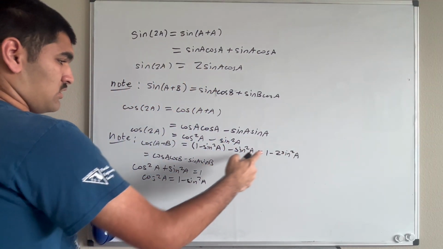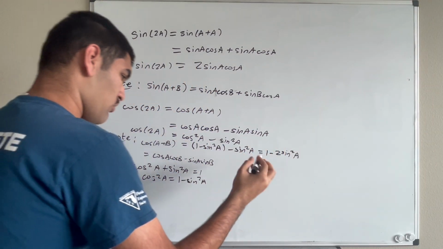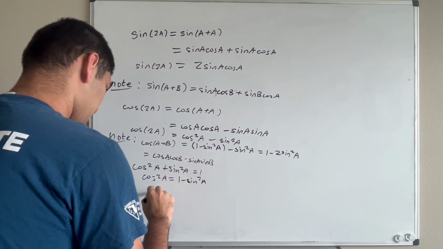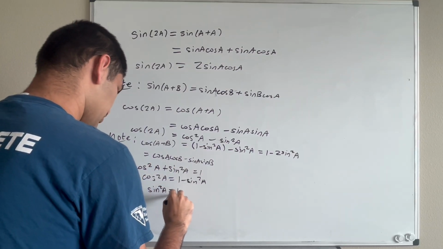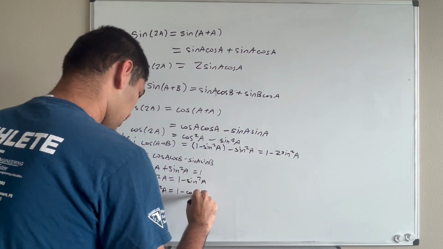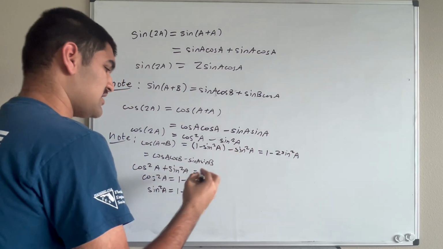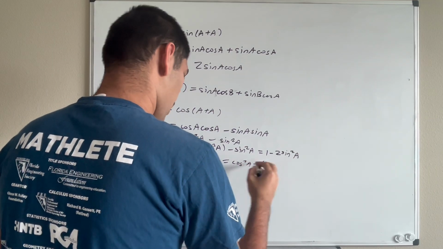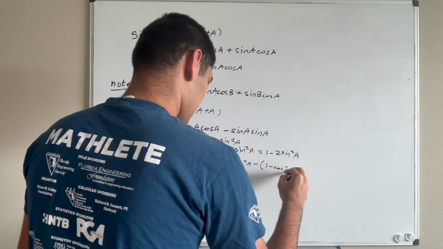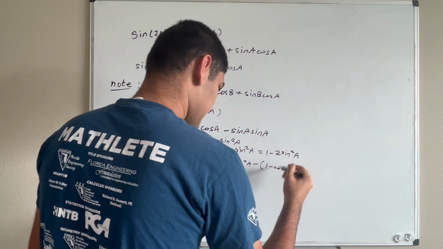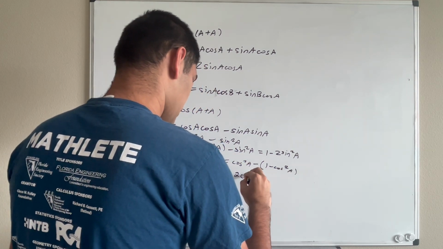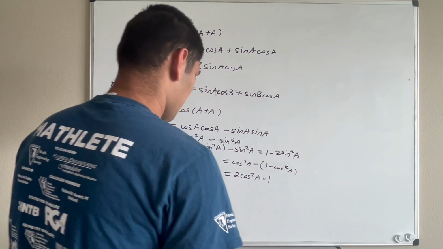And that was the other one, and there's one more, and that's just by taking the Pythagorean and solving for sine squared a, which is equal to 1 minus cosine squared a, and then you can substitute this in for sine squared instead. So you get cosine squared a minus 1 minus cosine squared a, right, substituting that in for sine squared, and then if you simplify this, you should get 2 cosine squared a minus 1.